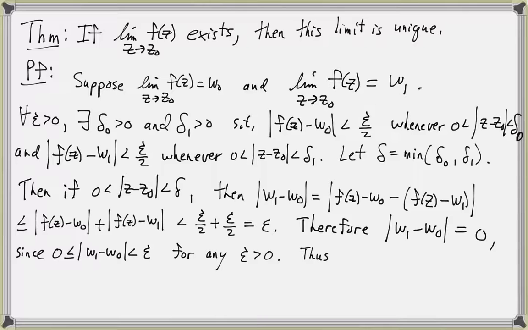So if the distance from w1 to w0 is 0, we must have that w1 equals w0, and this proves that if the limit of a function f of z as z approaches z0 exists, then the limit is unique.